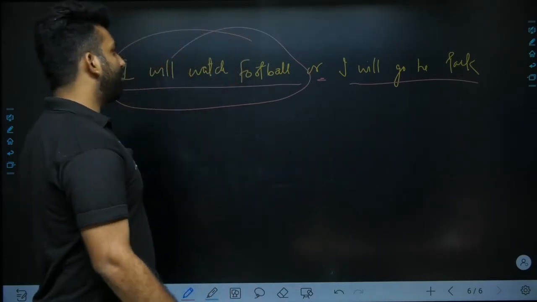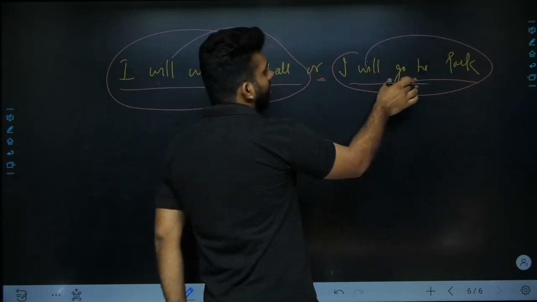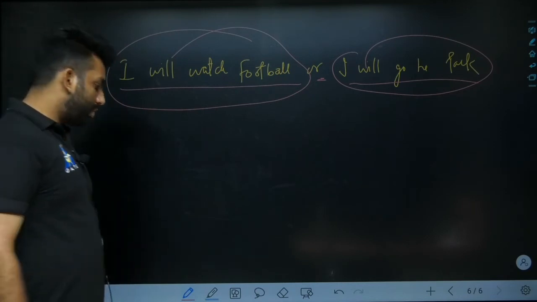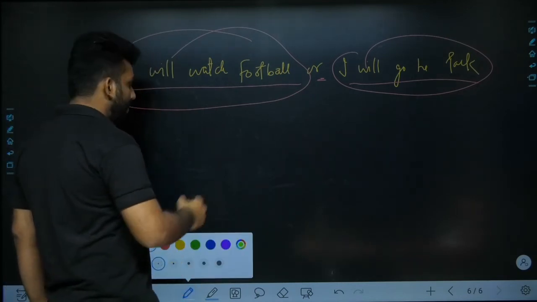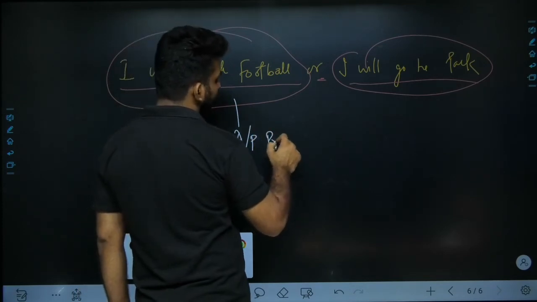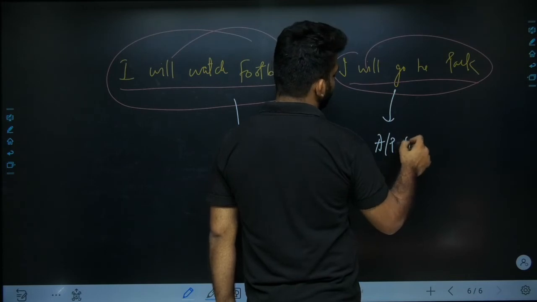If you have a look at these two propositions, this cannot be broken further, and this cannot be broken further. Individually, this was an atomic or primitive proposition, and this was also an atomic or primitive proposition.